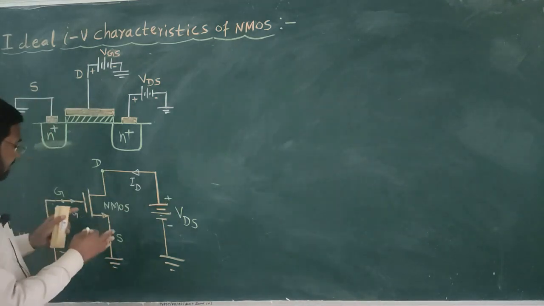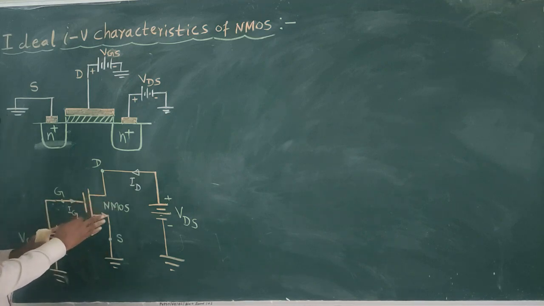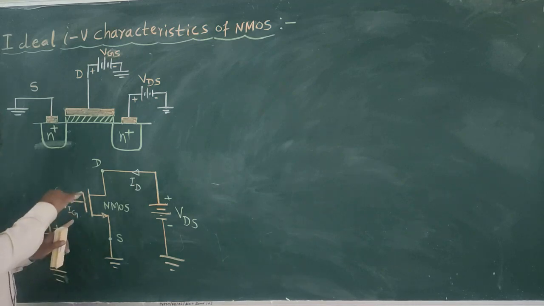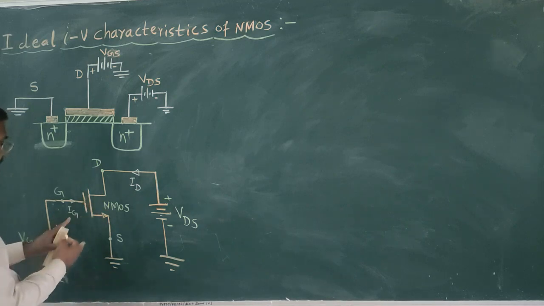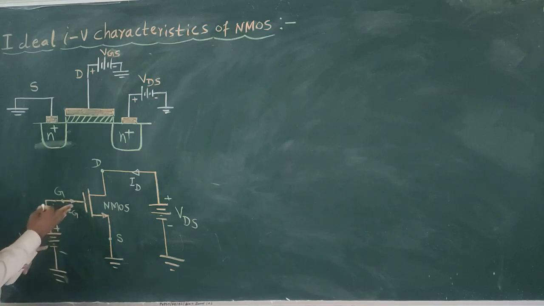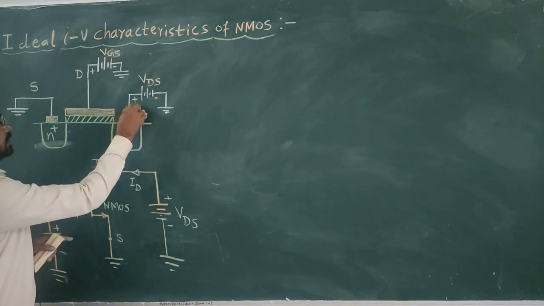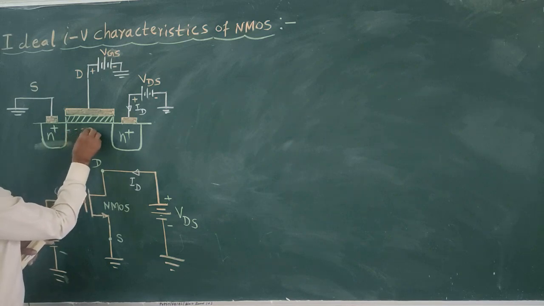Because of this, we have the greatest advantage in the NMOS transistor, that its input impedance is very high. We will see this in detail when we study the biasing circuits of the MOS transistor, and what provisions keep this condition intact. Here, the drain current goes into the device and comes out through this channel.